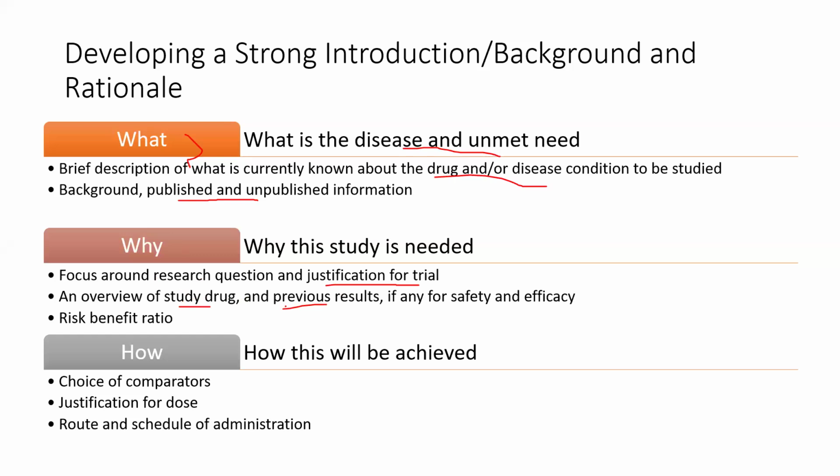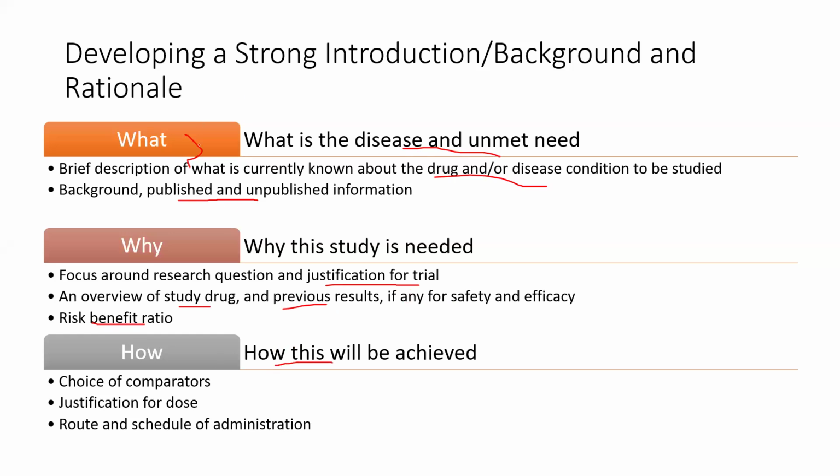If it is a new drug, then you will quote animal studies, at least two species of data, for safety and efficacy. You will also tell them the risk-benefit ratio: what are the anticipated side effects and what are the anticipated benefits. Now, how you will do this?